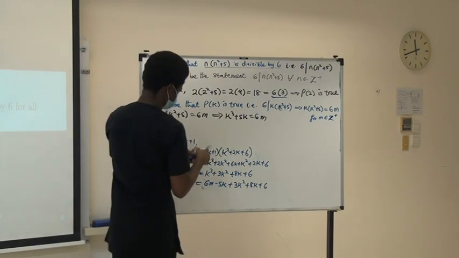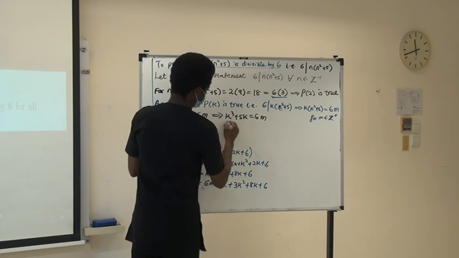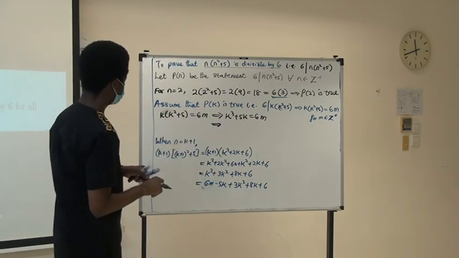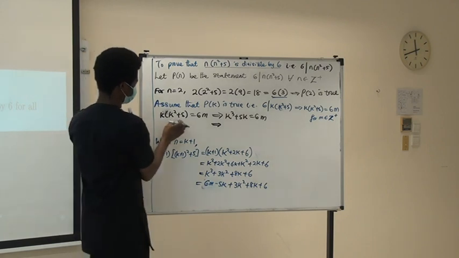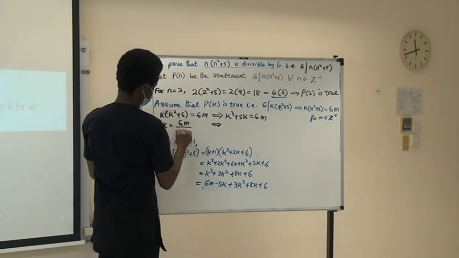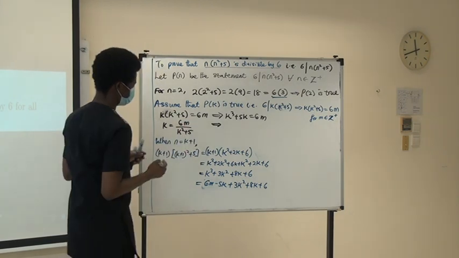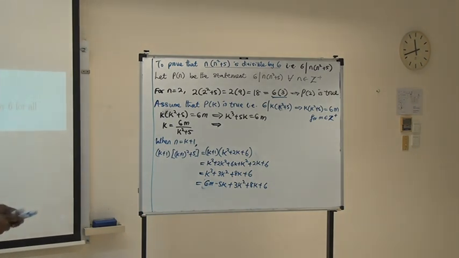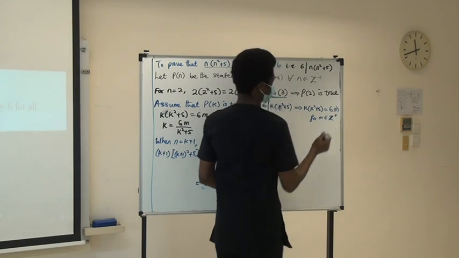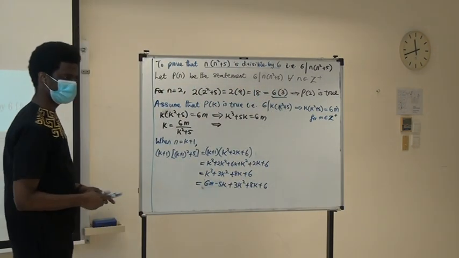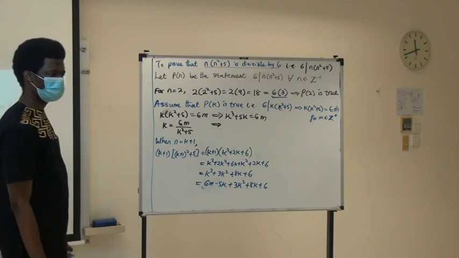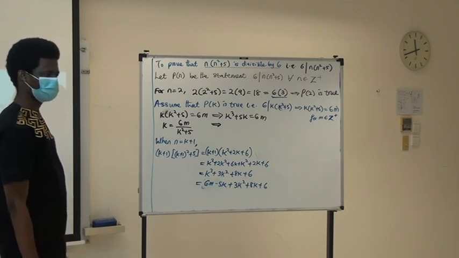From here, if you make k the subject, k equals 6m divided by k squared plus 5. We just substitute that. But when you factorize out, what is left must be an integer. Are you sure what we have left in that bracket is an integer? You have to think about that.